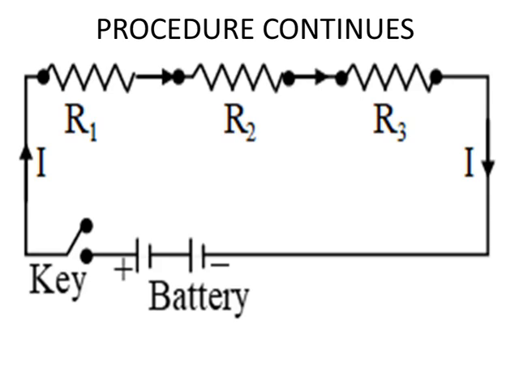R1 entering directly into R2, R2 entering directly into R3, which means they have the same current flowing through. The key there is your switch. Then you have the battery, that is the voltage. Then you have the I here, that's the current.